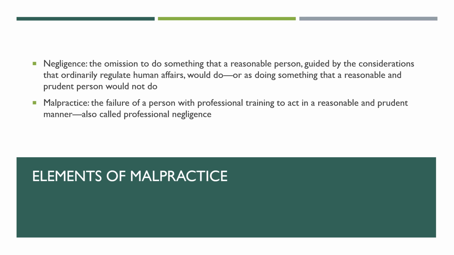When we think about defining negligence, it's the omission to do something that a reasonable person, guided by considerations that ordinarily regulate human affairs, would do. Remember, ordinary negligence, or doing something that a reasonable and prudent person would not do.